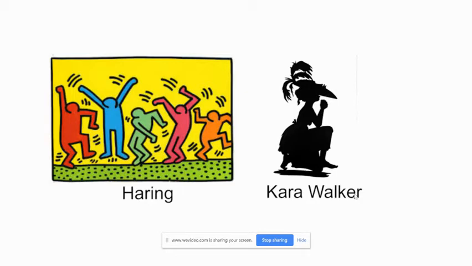This is Kara Walker. Now, if you research her, you need to know that her work is about some pretty heavy subjects, dealing with slavery and issues of power, things like that. So, for example, this silhouette could look like a sweet Victorian woman praying, but it's actually a slave probably begging for her life.